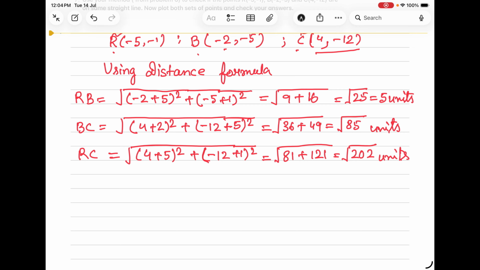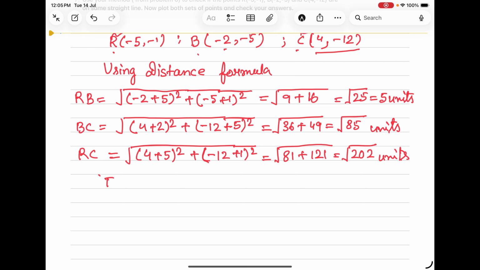Now observe, RB equals to 5 units, BC square root of 85, RC square root of 202. So if you add any two, RB plus BC, this is not equal to the third one, RC, correct? That means the given 3 points do not lie on the same straight line.